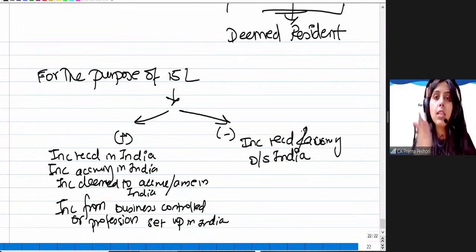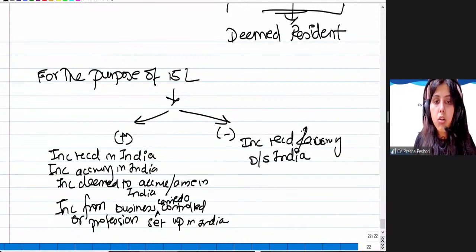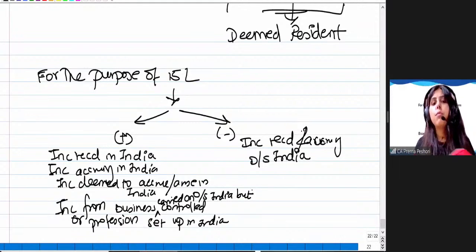Rest, what is received in India, accrued in India, deemed to accrue in India, but income from a business carried on outside India but controlled from India will also be included. So income from business carried on outside India but controlled or profession set up in India would be included.